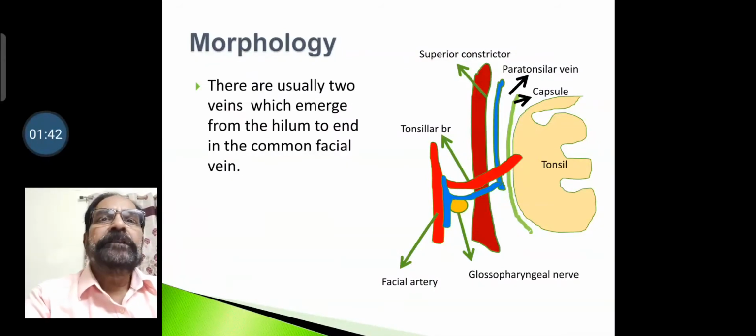Coming to morphology, there are usually two veins which emerge from the hilum to end in the common facial vein. So that you can see in the picture. The vein ending in the common facial vein.